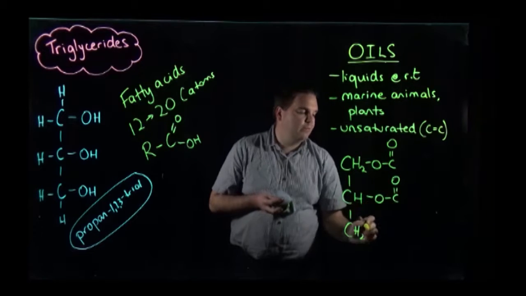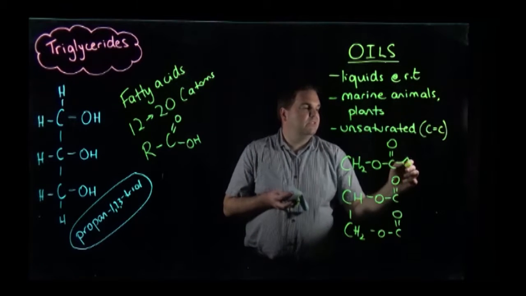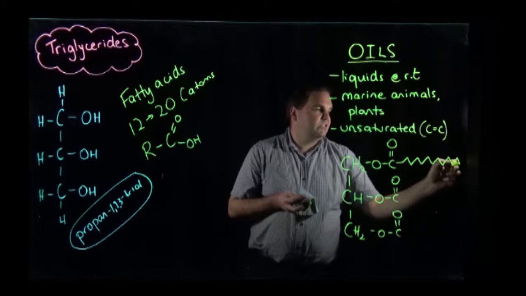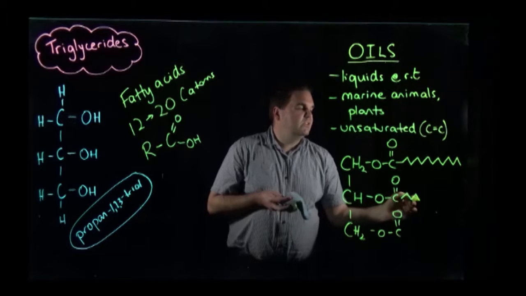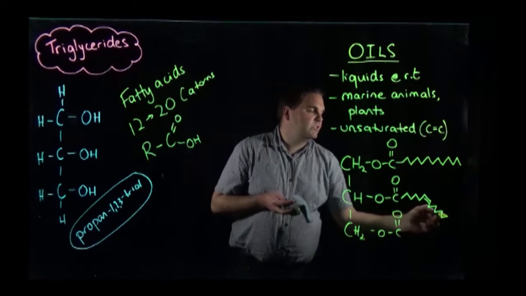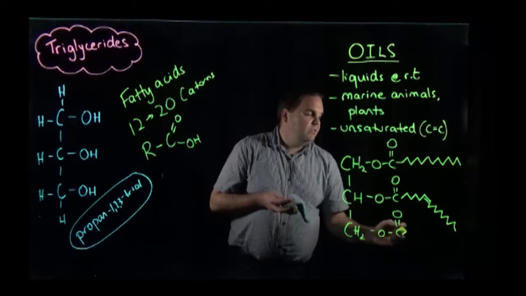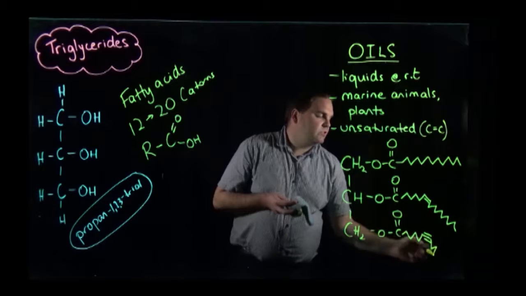Practice drawing these so you'll be able to do it quickly. What we get here is, let's just say this is our straight chain, that's what we had in our fat, but as soon as you start introducing your double bond like that, it's going to change the shape of your chain like that. This one as well, if we introduce a triple bond in there, that's going to change the structure like that as well.